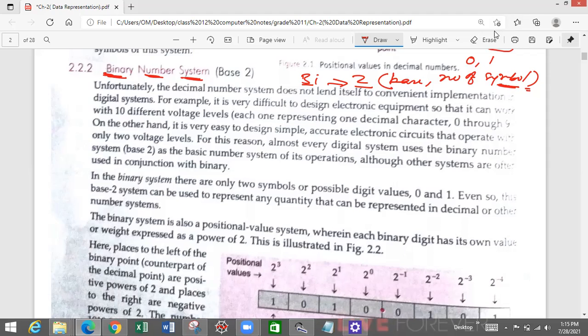But now we are using the binary number system. There are only two symbols. We have to create a mechanism for only two symbols, how to represent them, how to work with them. So it is comparatively easier to work with only two symbols than with 10 symbols. That's why we use the binary number system in computers and not the decimal number system, even though it is our universal number system.